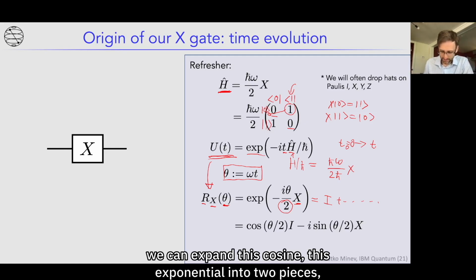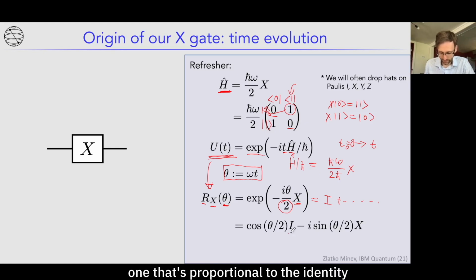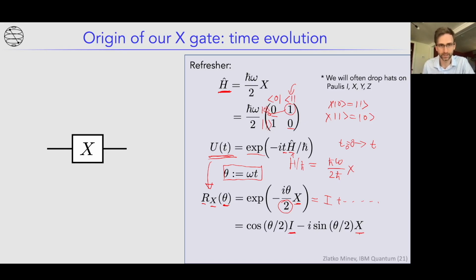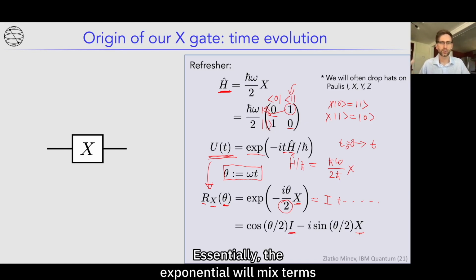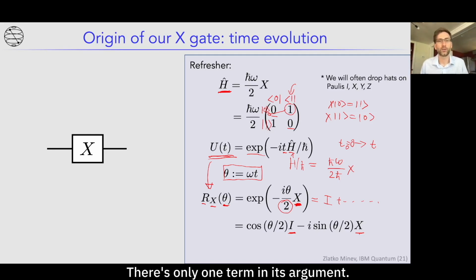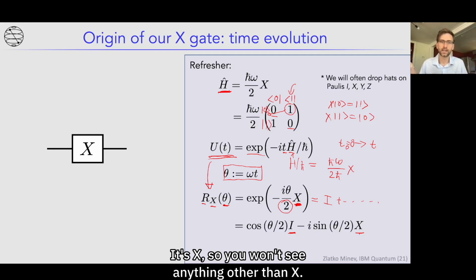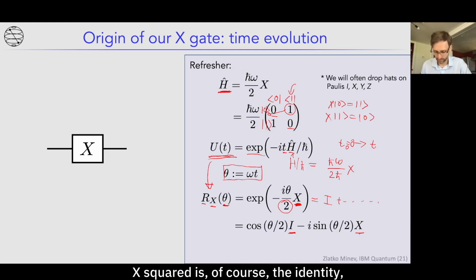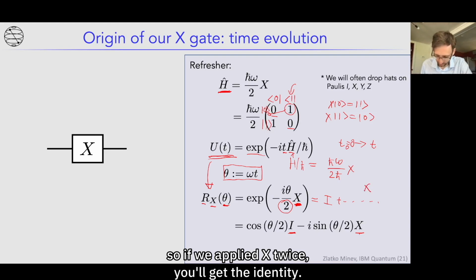We can expand this exponential into 2 pieces, one that's proportional to the identity and one that's proportional to X. Essentially the exponential will mix terms in its argument. There's only one term in its argument, it's X, so you won't see anything other than X. X squared is of course the identity, so if we applied X twice, you'll get the identity.